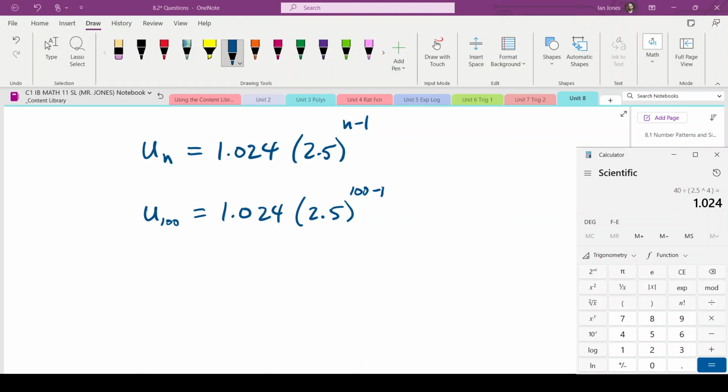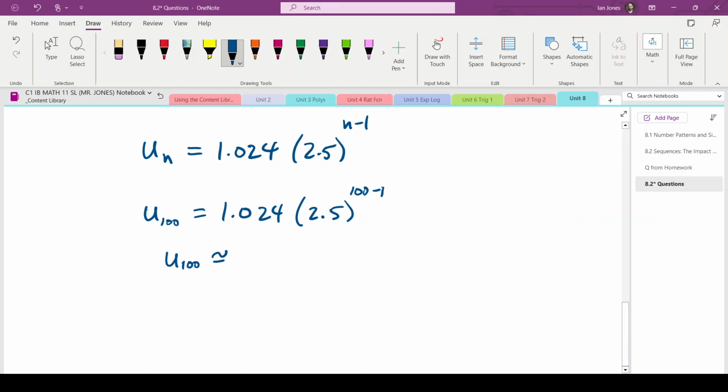All I have to do here is go 2.5 to the exponent of 99, some ridiculously huge thing, times 1.024, some still ridiculously huge thing. I'm obviously not going to put down all those digits, but let's just do it in scientific notation. It's approximately, let's just say 2.55 times 10 to the 39.